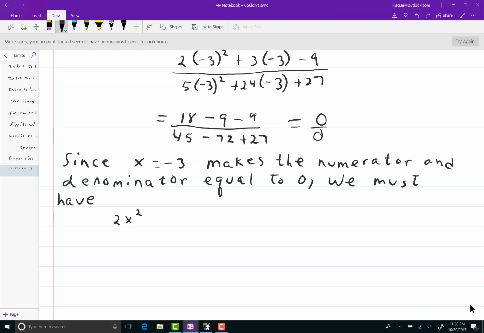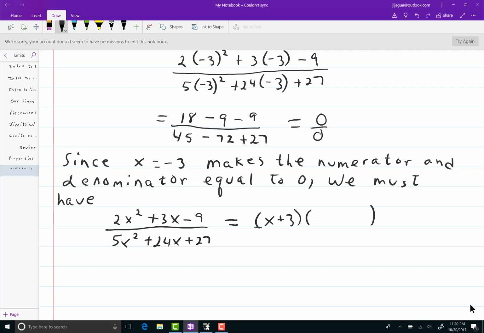So I can write the 2x squared plus 3x minus 9 over 5x squared plus 24x plus 27. The numerator has to equal x plus 3 times something.